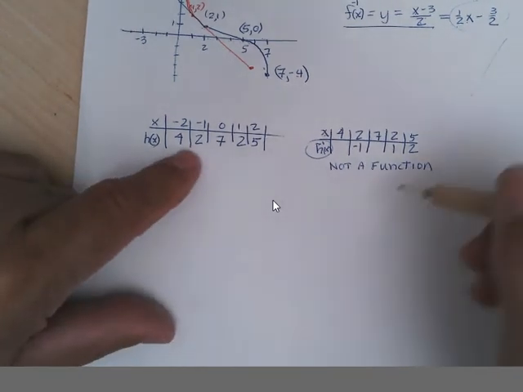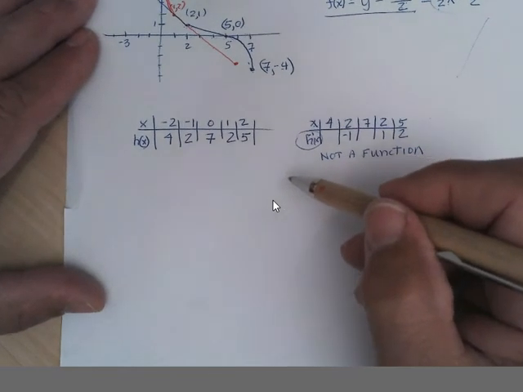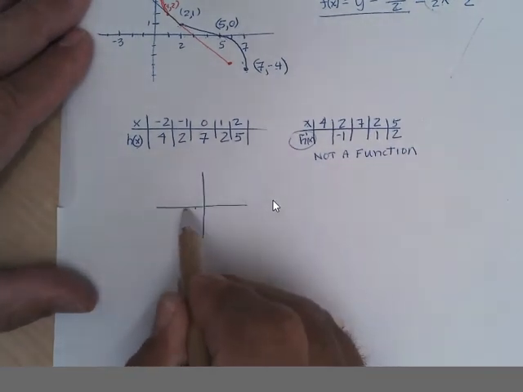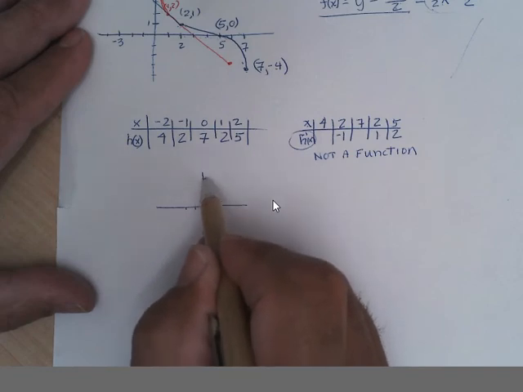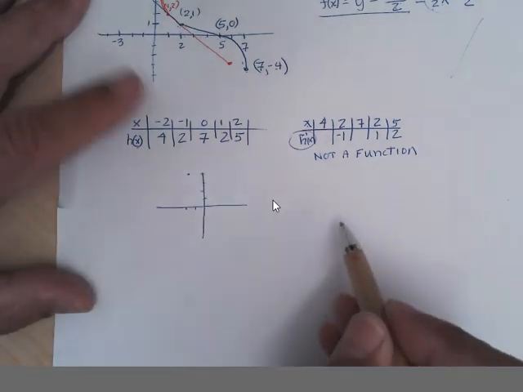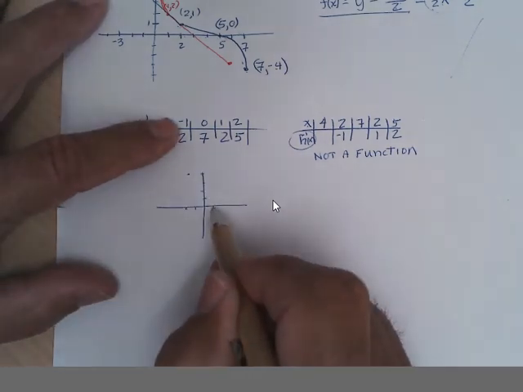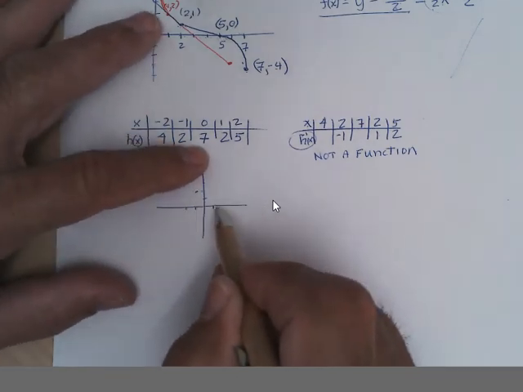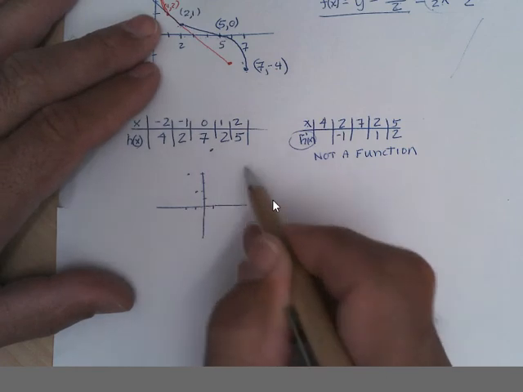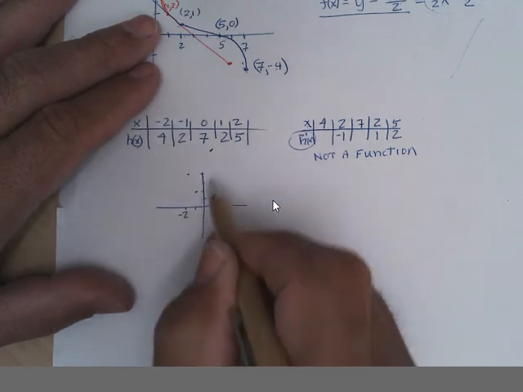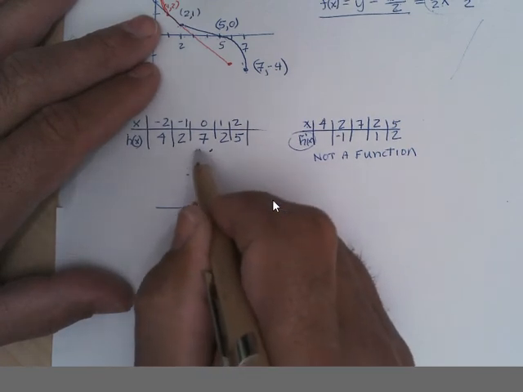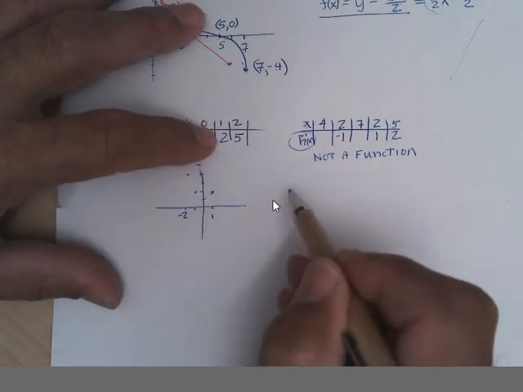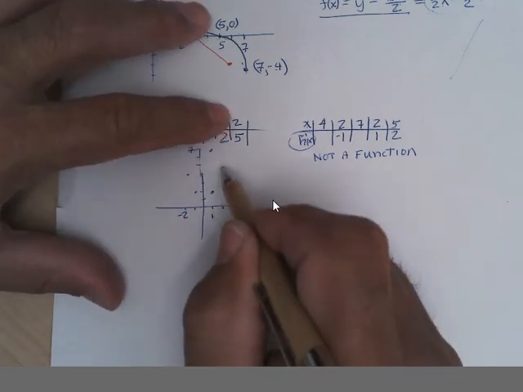Now, if you were to look at this on a graph, there's something about the graph that tells you it's not a function. If I plot the points negative 2, 4, and then negative 1, 2, and then 0 is at 7, and 1 is 2, and 2 is 5.